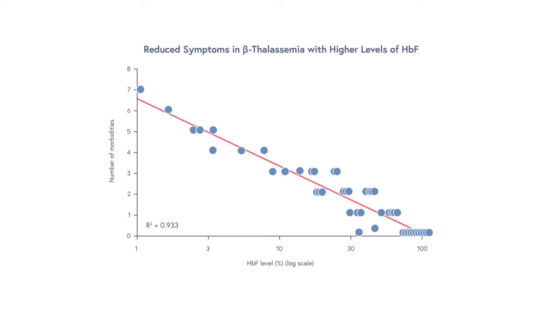So somebody that has no fetal hemoglobin at all will have very severe symptoms, and the symptoms get less and less according to how much fetal hemoglobin is being produced, telling us that fetal hemoglobin can make life a lot easier for people with sickle cell disease.